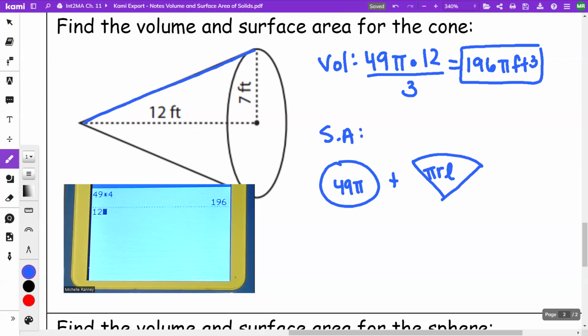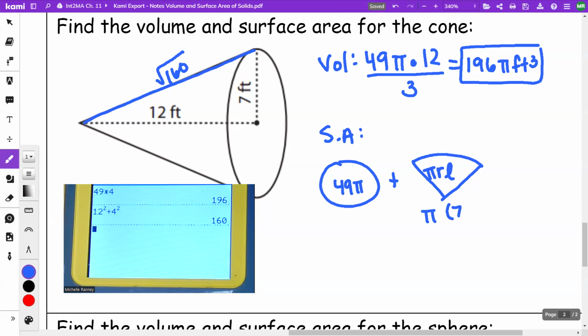So I'm going to go 12 squared plus 4 squared. So that's going to be the square root of 160. So this is going to be pi times my radius, which is 7, times the square root of 160, which is going to be my lateral height.